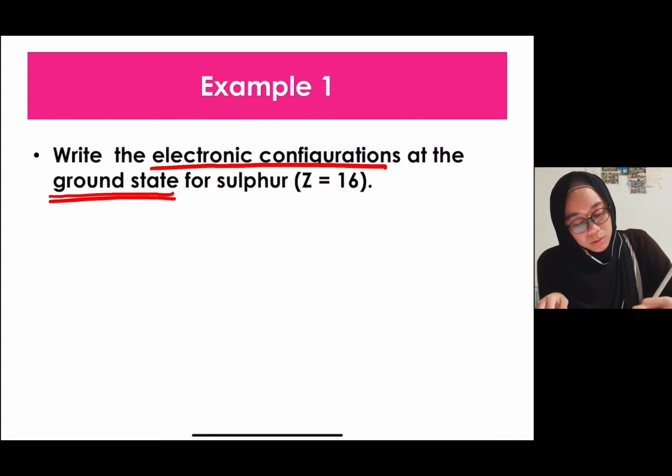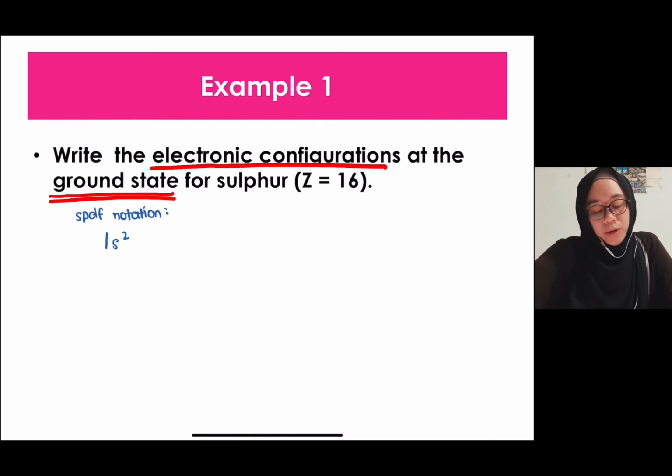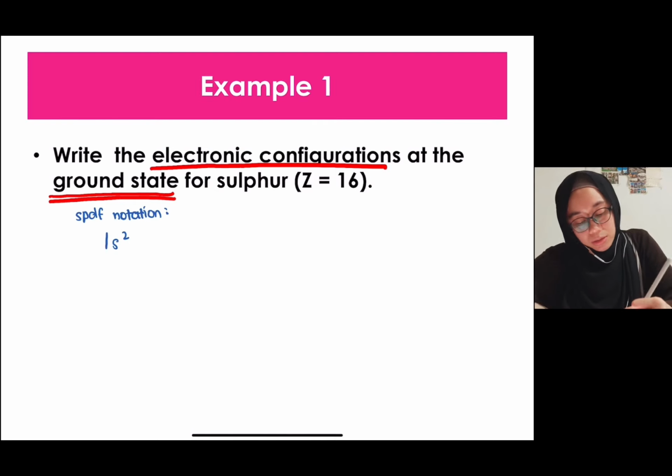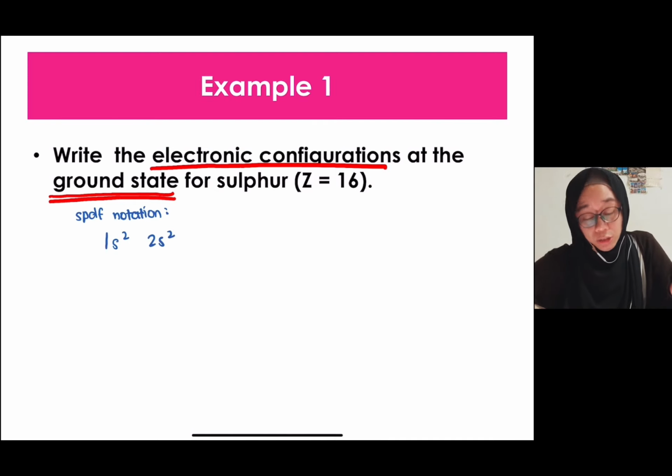Okay, so kita akan isi dahulu 1s2, and then followed by ada lagi 14 elektron kan. So the next one adalah 2s2, so tinggal lagi 12 elektron.